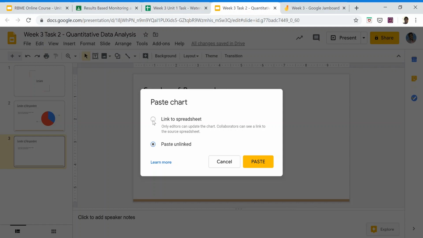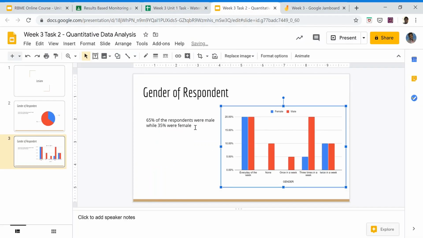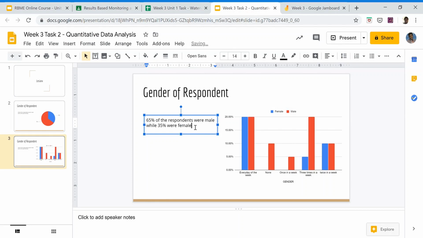I mean, you can leave it, because if you do anything on the other side, it reflects here. So, but I will paste on link.